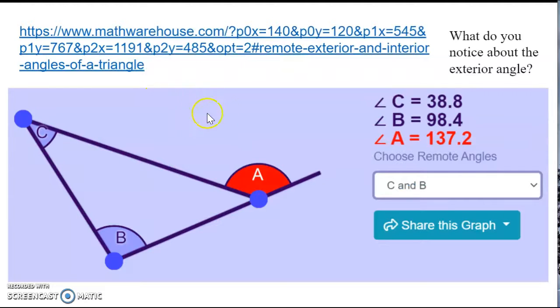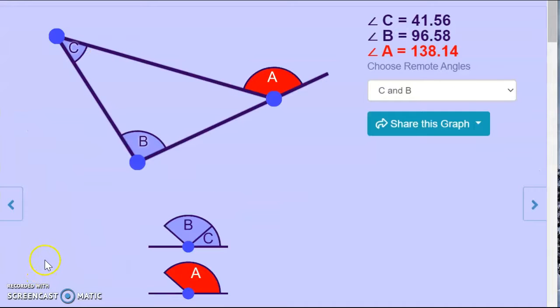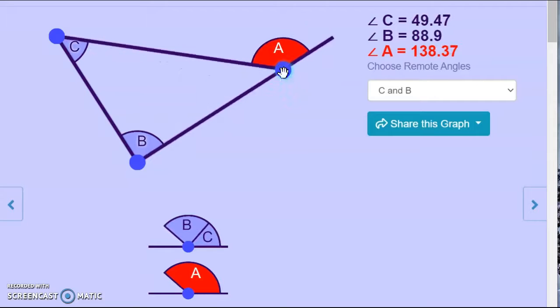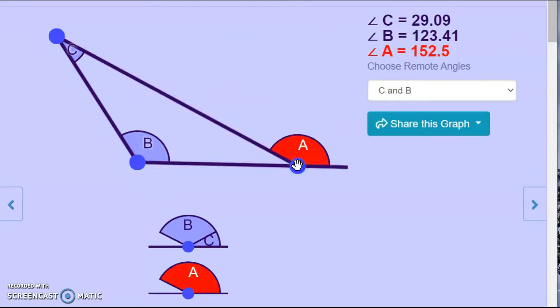Okay, so something really cool: I can demonstrate the exterior angle. What's really cool about it is that it doesn't matter what the shape of the triangle is. When I stop at any point, the measure of angle C plus the measure of angle B is always going to be the measure of angle A. Let me say it again.